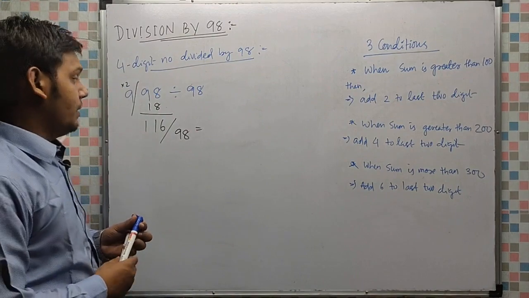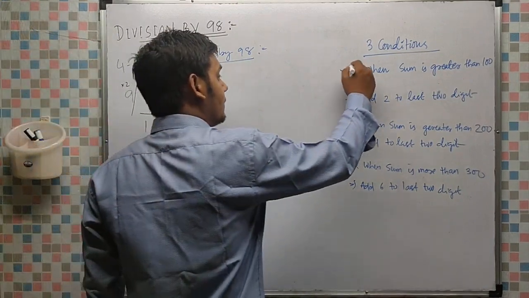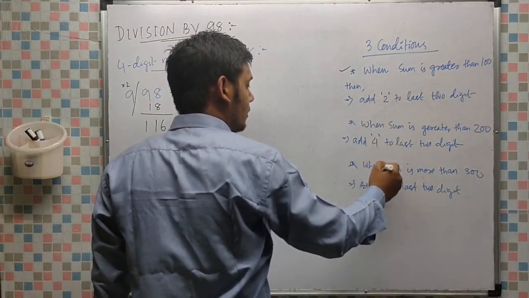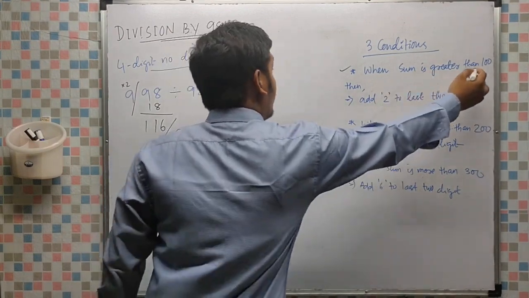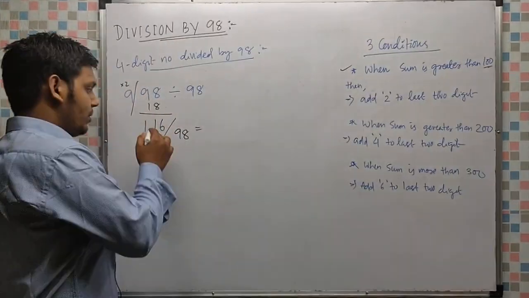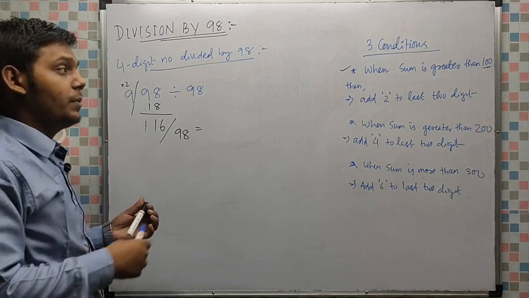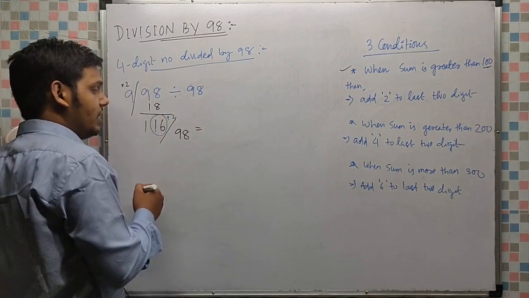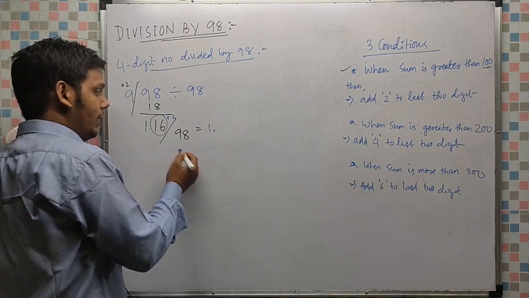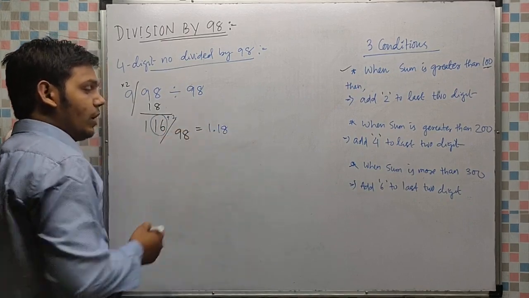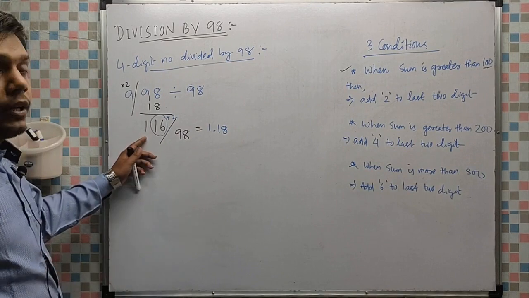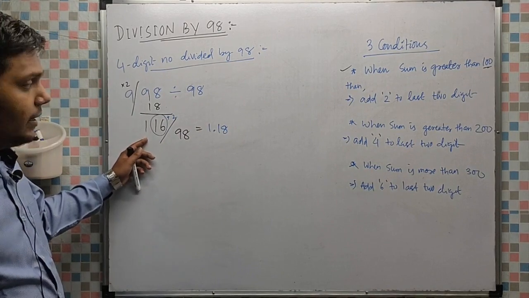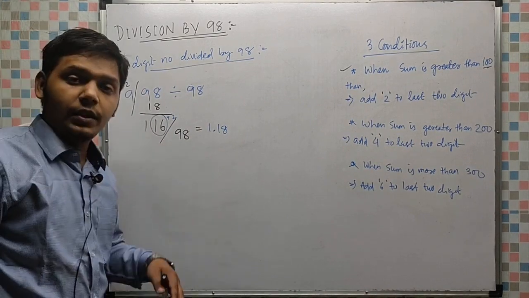So here the first condition applies, add 2 to the last 2 digits, because the sum is more than 100. The last 2 digits, 16 plus 2, so 1.16 plus 2, 18, 1.18. As you know that 116 is greater than 98, the value must be more than 1.